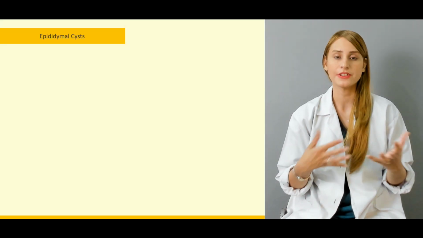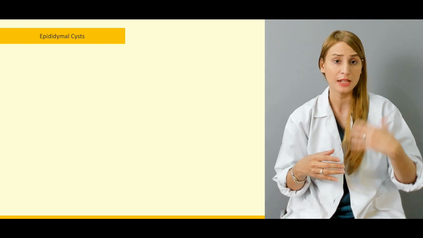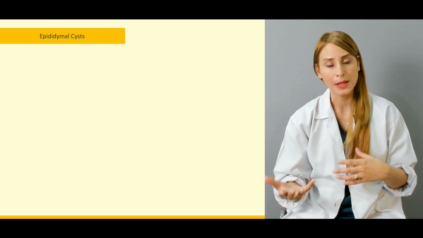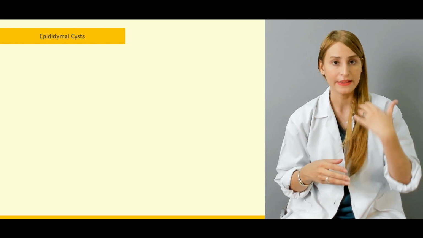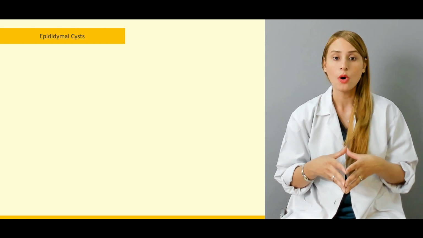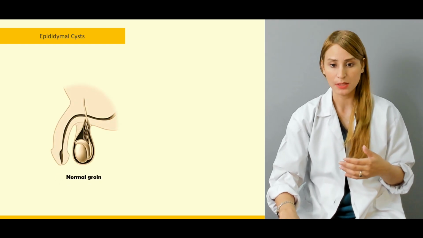Talking about the different pathological conditions of the epididymis, there can be epididymal cysts, epididymal tumors, and inflammatory conditions like epididymo-orchitis or epididymitis. We'll be discussing these one by one.